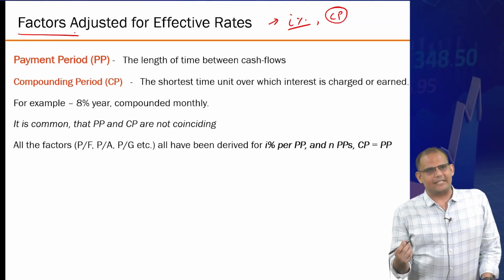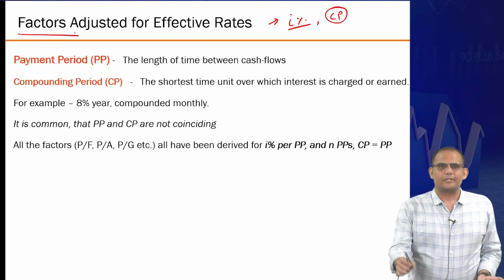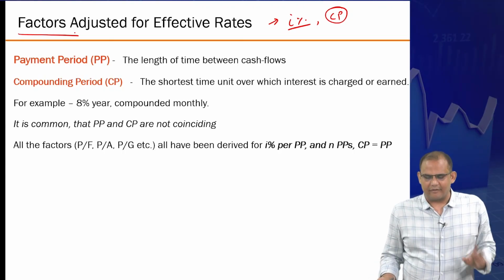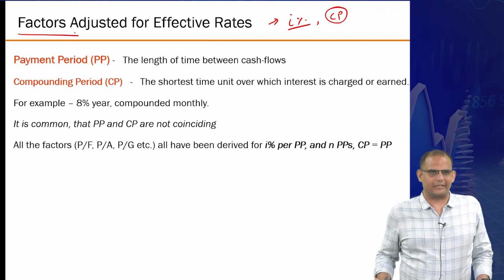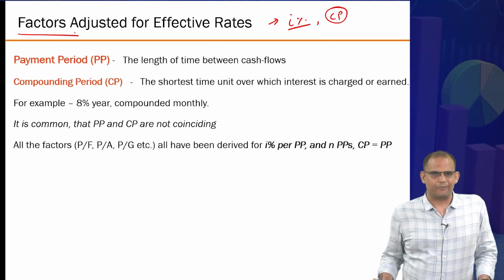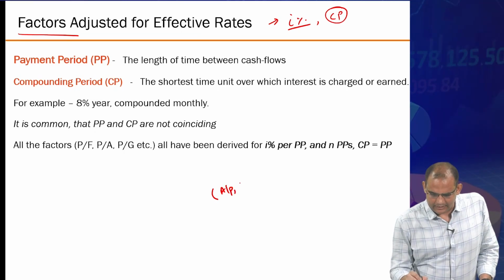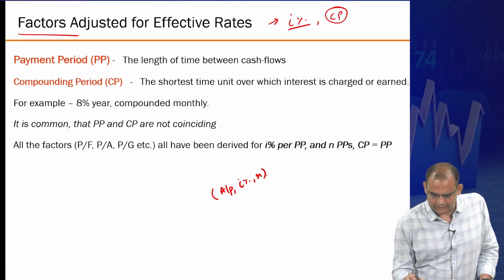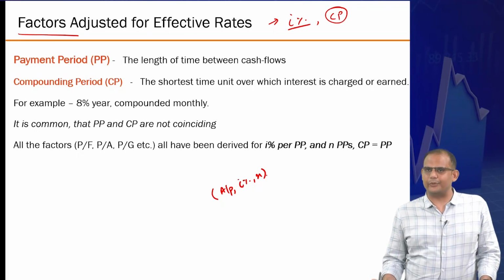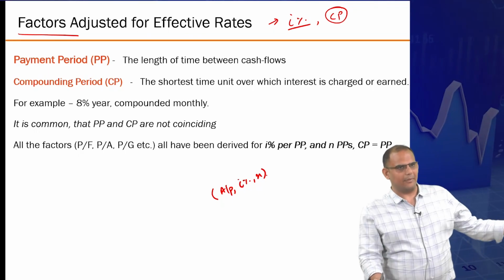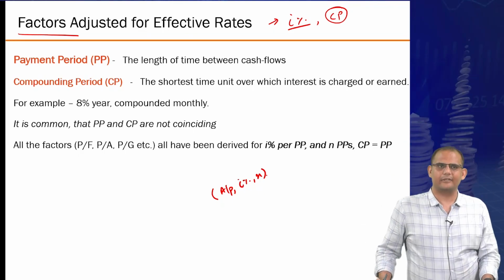How do you adjust those factors to match the condition of the interest rate that has been given? First of all, do you need to modify the factors? For example, a typical formula, let's say A by P, has two variables, right? Do you need to even change the formula a little bit in order to accommodate the rate, is my question.